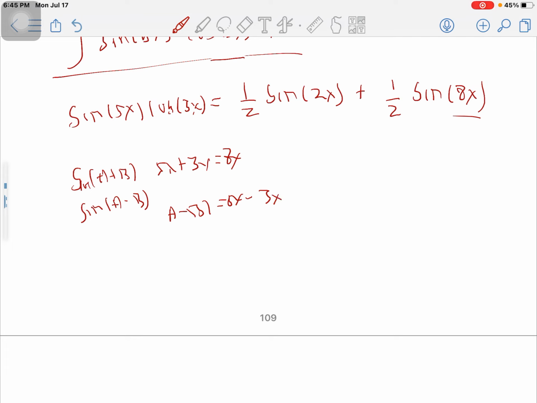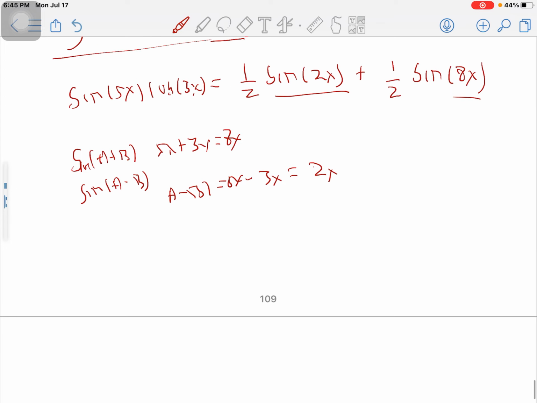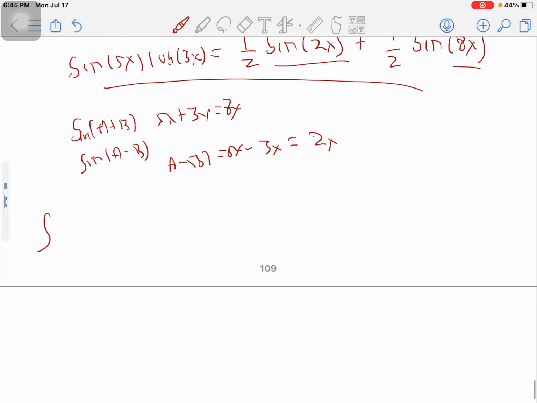That is what is inside one of them here. And A minus B is equal to 5x minus 3x, which gives us 2x, and this is what is inside here. If you don't understand that too, please take your time and reflect on it. Knowing that this is the identity we are supposed to get, you are good to go.